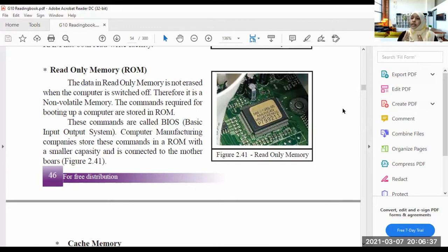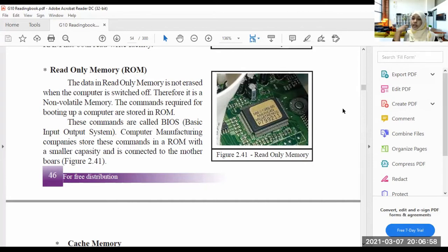So these commands won't be erased ever, and no one can erase them. And writing new commands to this ROM, we can't do it. Okay, now you understand why it is called ROM, read-only memory. It only reads whatever is inside the ROM.